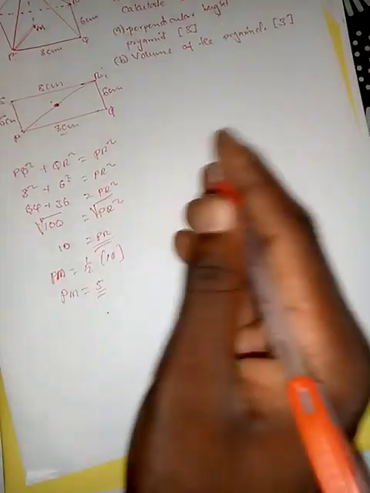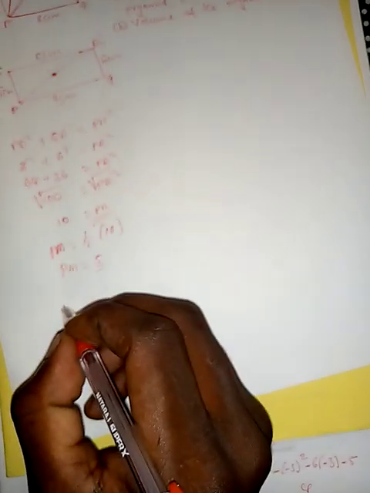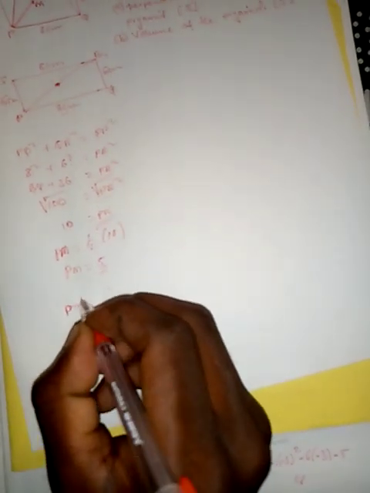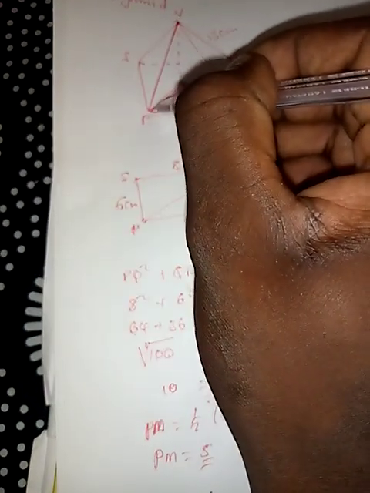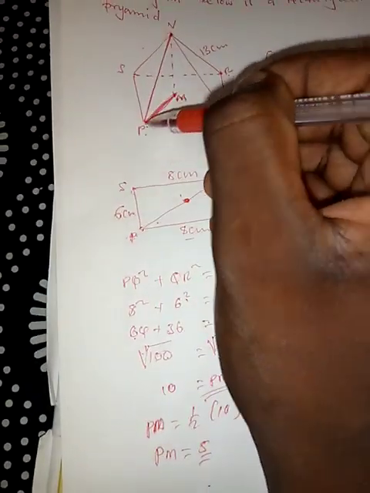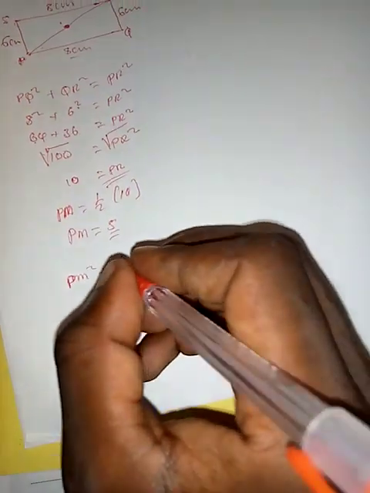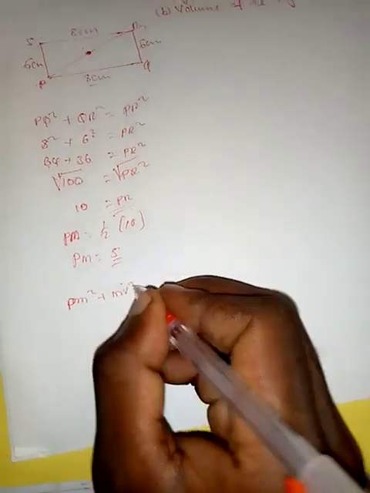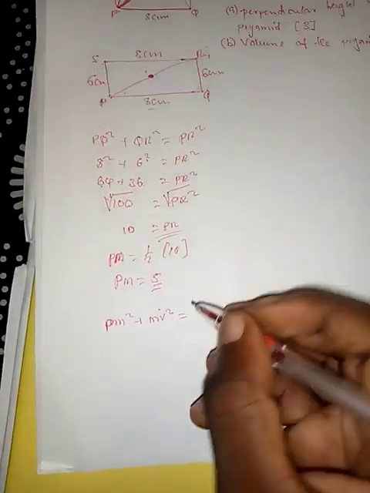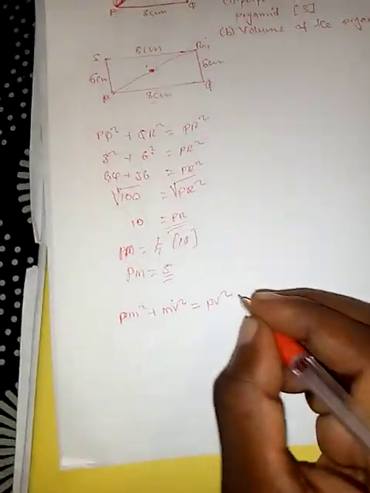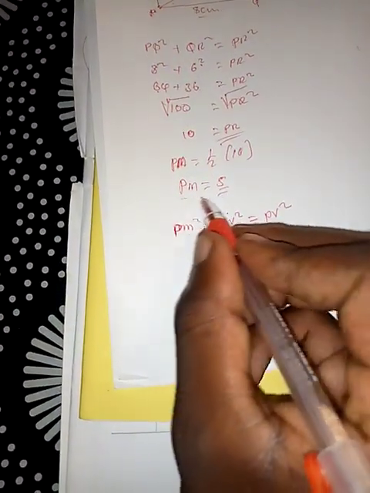So I can now say PM squared plus MV squared, the distance we are looking for, must give me PV squared. Now, do we have PM? Yes, PM is already there.